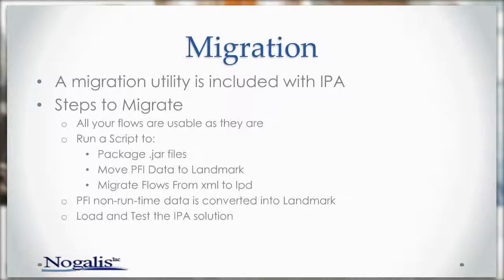So the data within them is now on the database side, which is actually quite nice because it removes the ambiguity about what the files in here are, which version and whatnot, and cleaning them up becomes more of a trivial task of just knowing what came last. And then the non-runtime data is converted into Landmark.